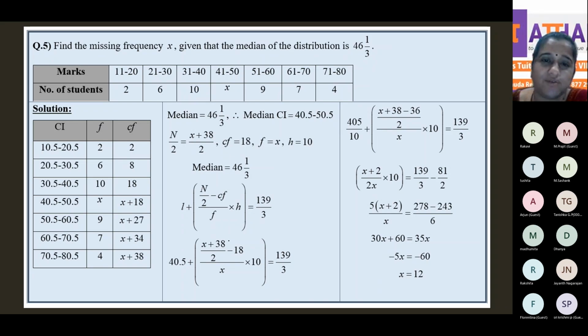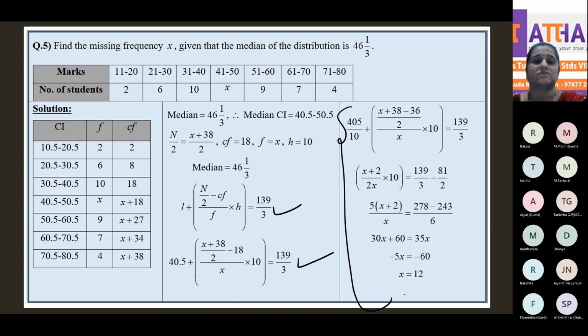It's all about simple calculations, but somehow we go wrong. You'll think, what is this? Just formula, substitute the values and work. Everything will be right till here. Substituting in the formula also, you'll be right. Somewhere here we go wrong in calculating, and you'll end up with some decimal value, because frequency has to be a natural number.